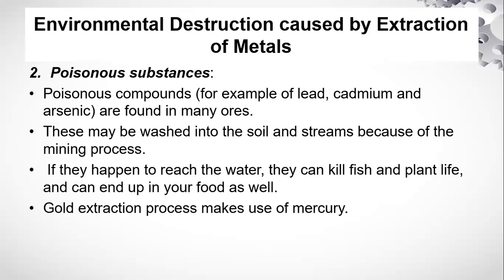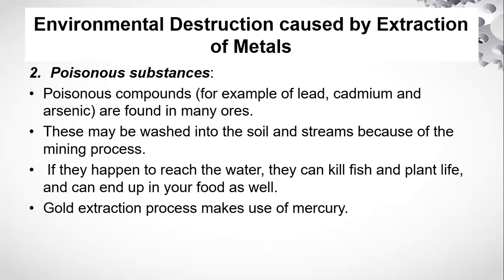The second one is poisonous substances. This can result from the extraction or mining of metals. Poisonous compounds, for example of lead, cadmium, and arsenic, are found in many ores. These may be washed into the soil and the streams because of the mining process.